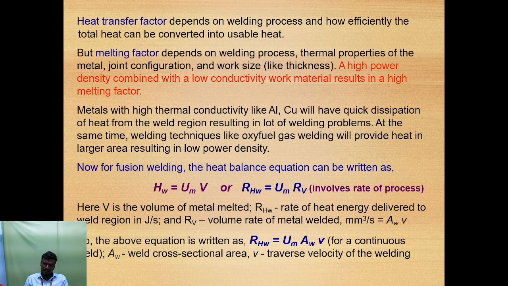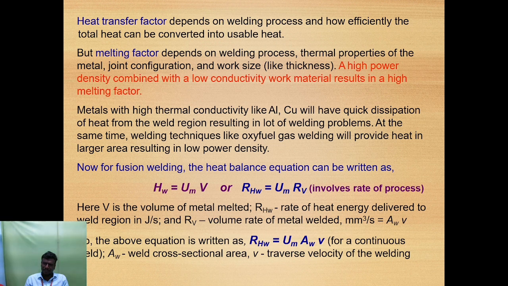Metals with high thermal conductivity, like aluminum and copper, will have quick dissipation of heat from the welded region, resulting in a lot of welding problems. At the same time, welding techniques like oxyacetylene gas welding provide heat over a larger area, resulting in low power density.